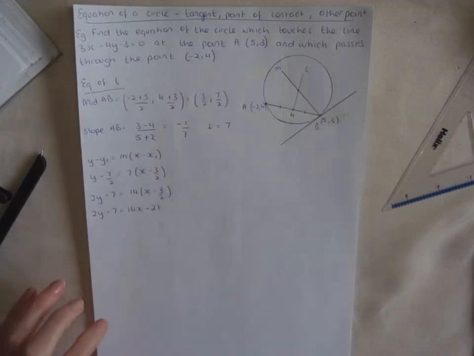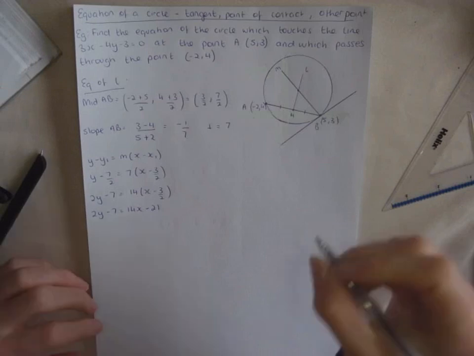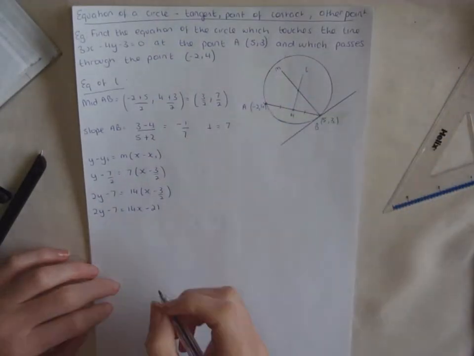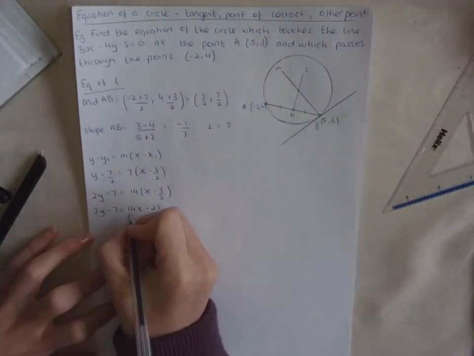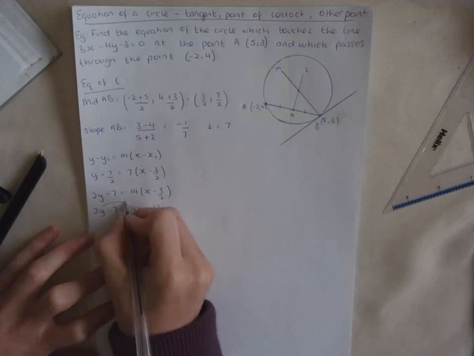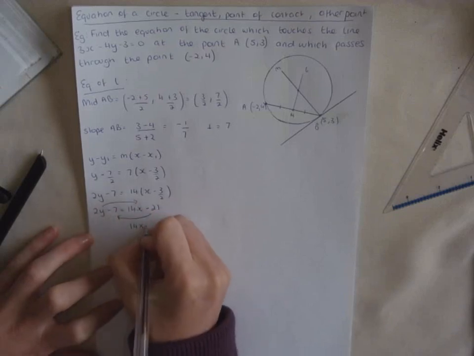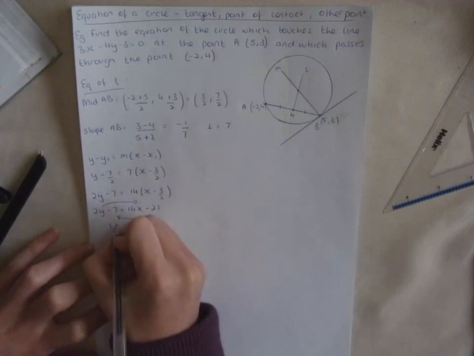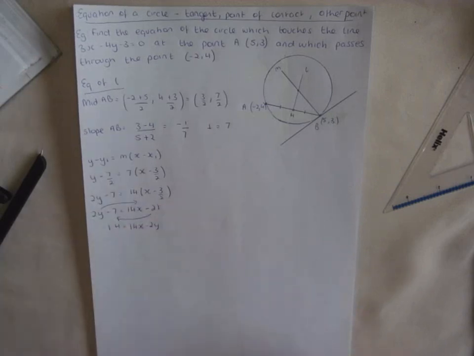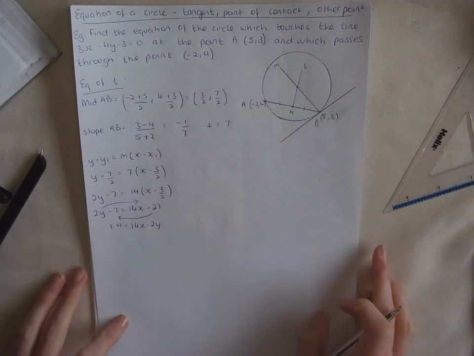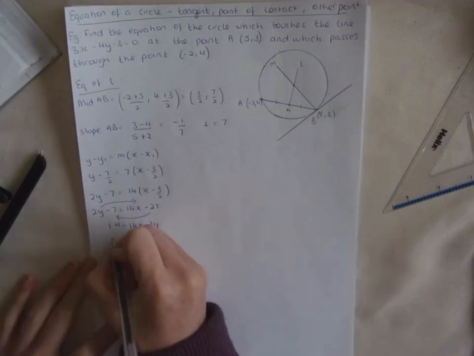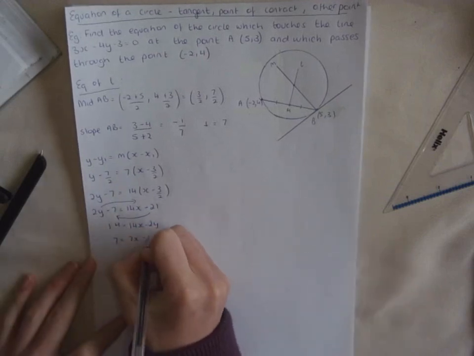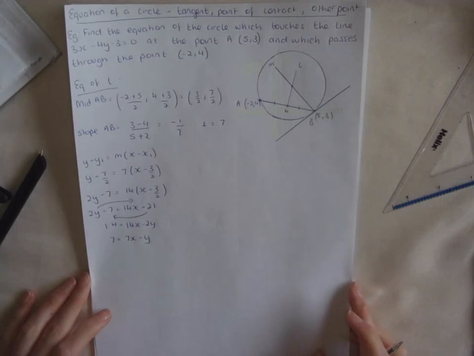Then just do xy equals number, because I know I'm going to get 2 equations and I want to do simultaneous with them. So I'm going to bring the numbers over there and the letters over here. So 14x minus 2y equals 7 plus 21, which is 14. Now I could divide everything by 2 if I wanted. Let's just do that: 7x minus y equals 7, because 2 goes into each of those.